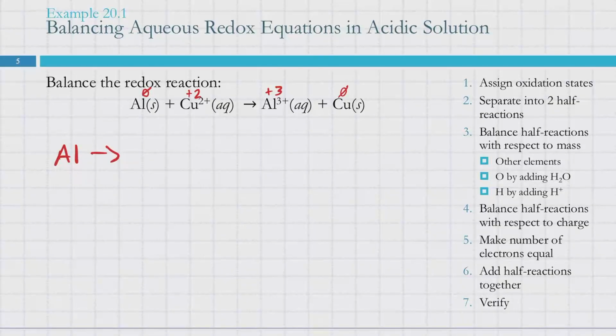So we've got aluminum as a solid going to aluminum ion. This would be our oxidation half reaction. Our other reaction is our copper 2+, our cupric ion, reverting to its natural copper form. This would be our reduction half reaction.